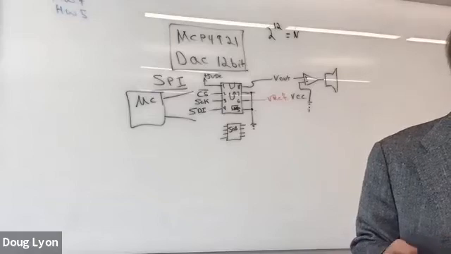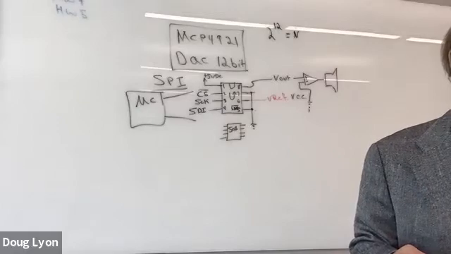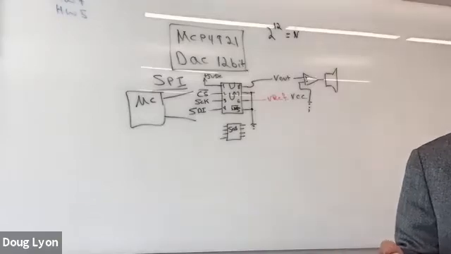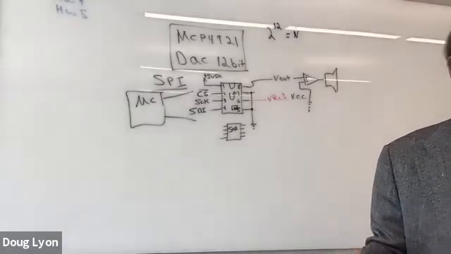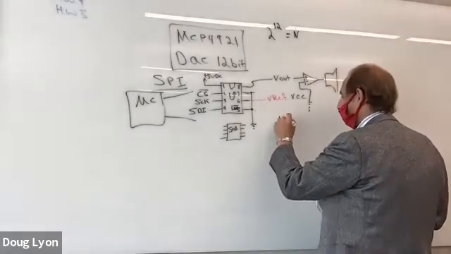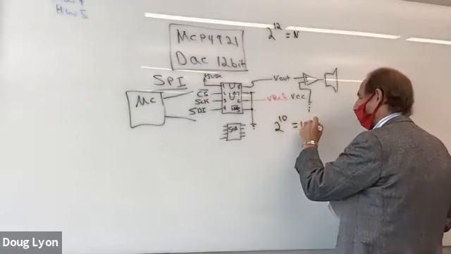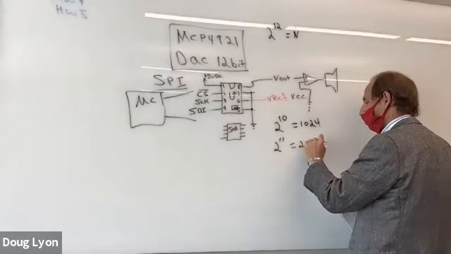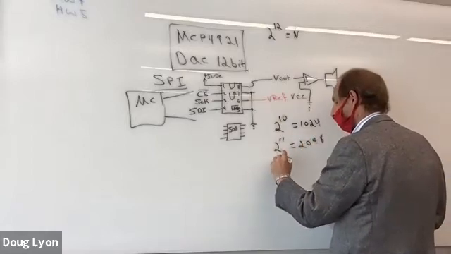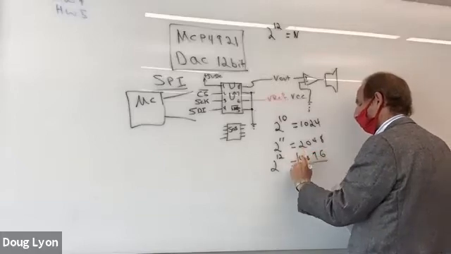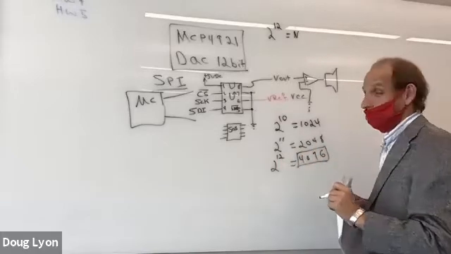Okay, how much is 2 to the 2? Chris? 4. Okay. 2 to the 3 is 8. 2 to the 10 is equal to 1024. 2 to the 11 is double that, 2048. 2 to the 12, 4096. Yes, that is correct. So you have 4096 different levels.